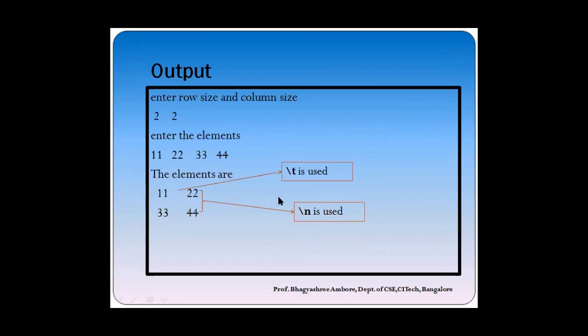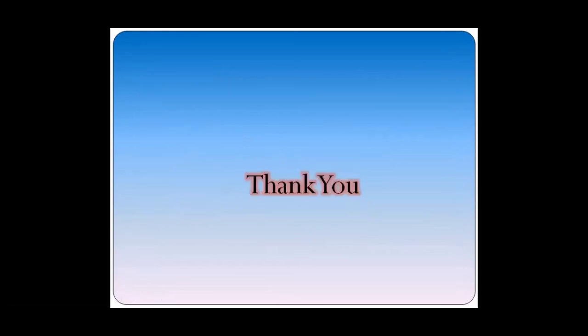Every time I want to start with a new line. Each row must start with a new line. This \n I have used for that purpose, and I am leaving the space between 11 and 22, 33 and 44. For this purpose, what we are using is \t. \t for tab space, \n for new line. Thank you.